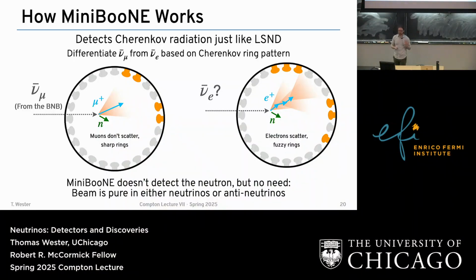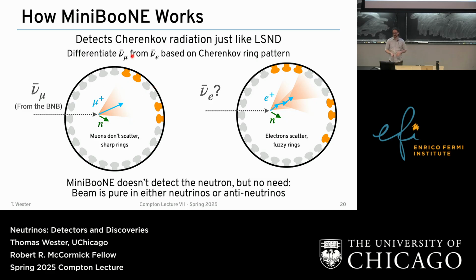So the way MiniBooNE works is it detects Cherenkov radiation just like LSND, but the detector design is a little bit different. In particular, the Cherenkov radiation is mostly used to separate muon-type neutrinos from electron-type neutrinos. So they have a different source of neutrinos than LSND. They care about different backgrounds.